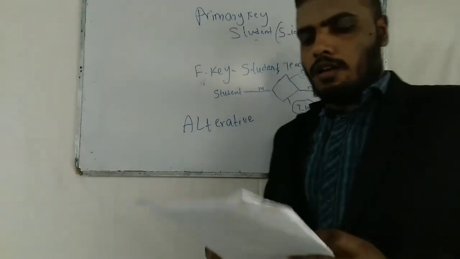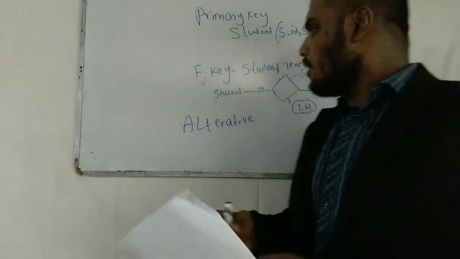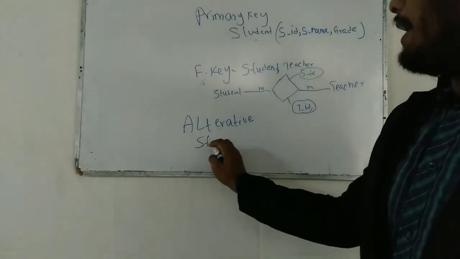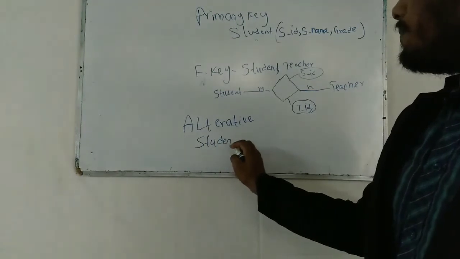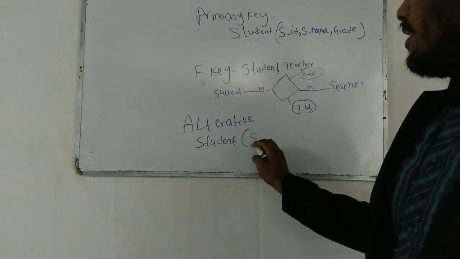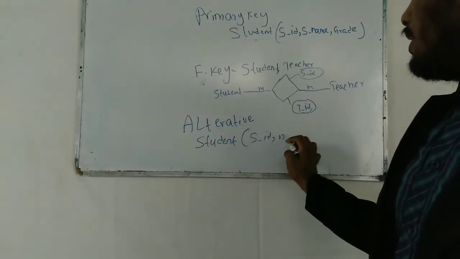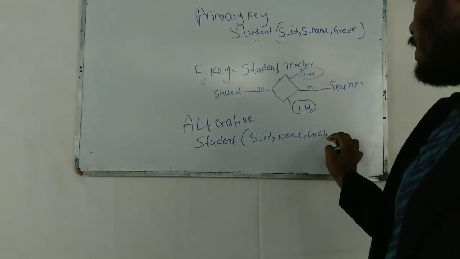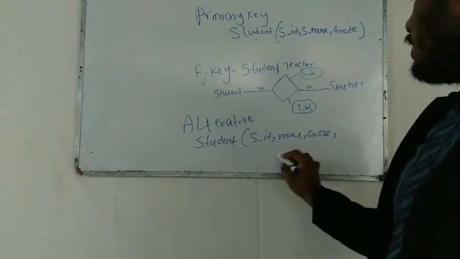Okay. So alternative key means, think there is an entity called student, it has student ID, name, grade and student email.